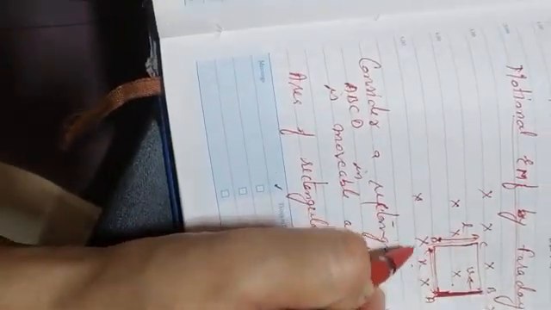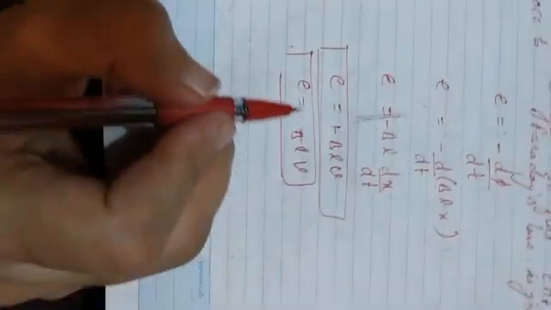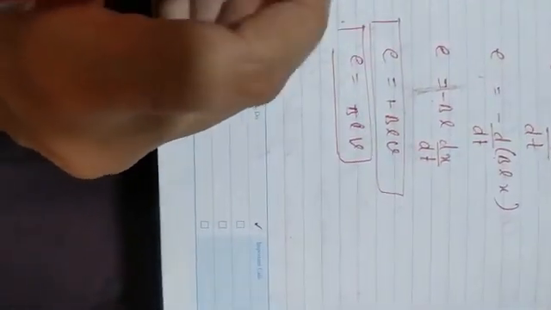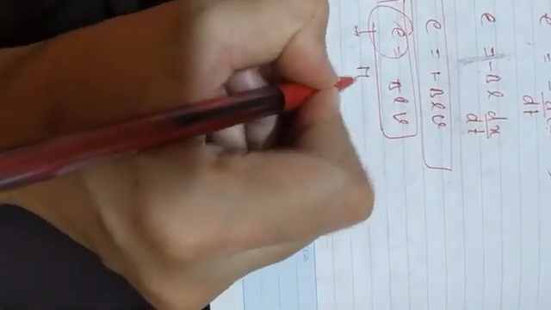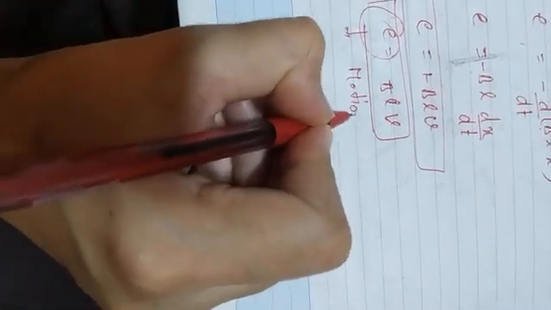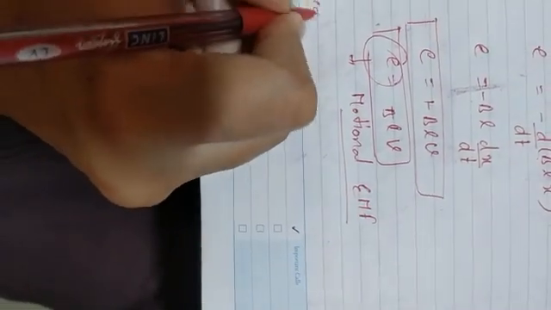As this one is reduced, there is already a negative sign, that's why it becomes positive due to direction. So this indicates the motional EMF. Clear now?